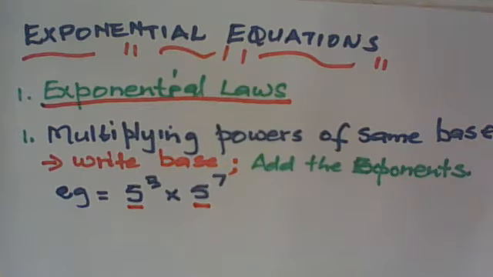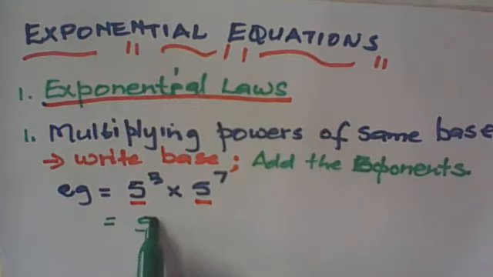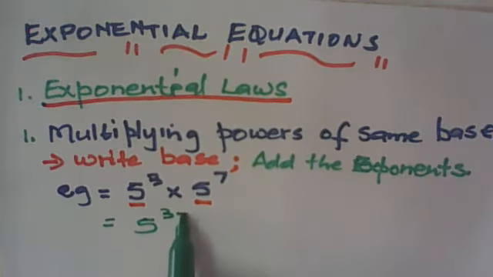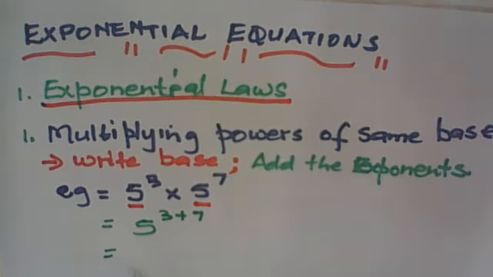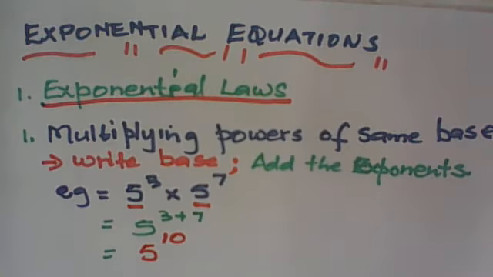Now the next step is to write the base. Our base is 5, and then 3 plus 7. The final answer becomes 5 to the power 10.